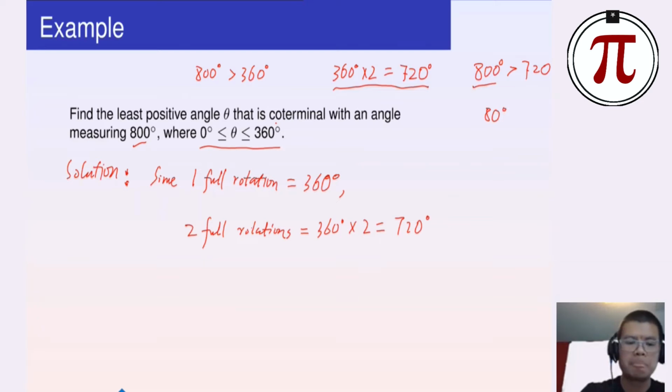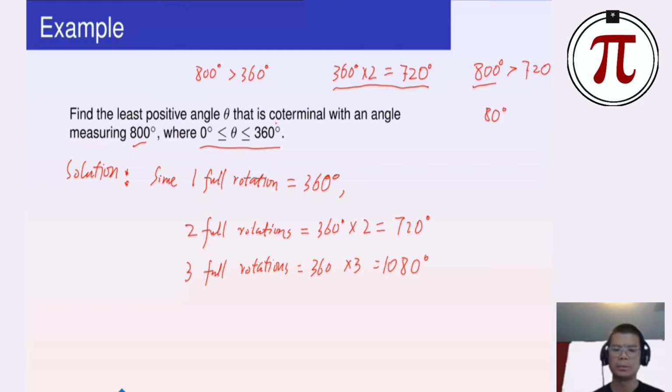And 3 full rotations, that's going to be 360 times 3, which equals what? 1080, right? 1080 degrees.